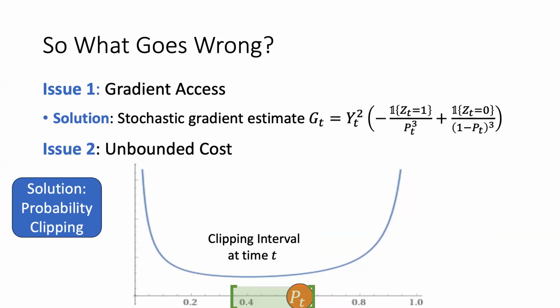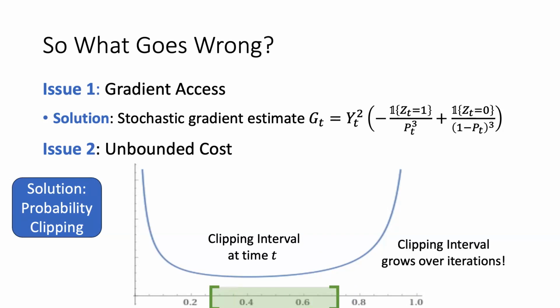I told you we need to get close to the boundary in order to know that we can get close to the optimal P star. So at each iteration, we're going to grow this clipping interval. And how we grow it is developed in a technical way to make the proofs work as optimally as you can. So we call this Clip-OGD, clip for probability clipping, OGD for online gradient descent here.